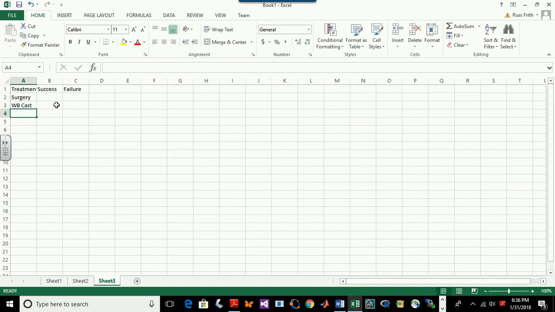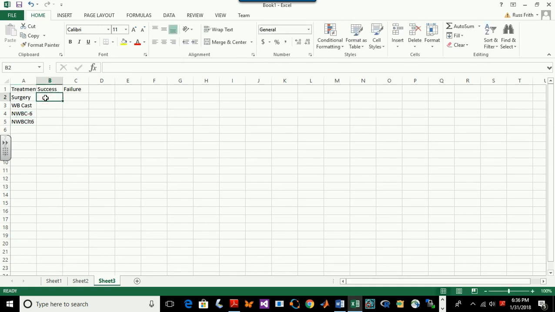The third treatment was non-weight-bearing cast for 6 weeks. The fourth treatment mode was non-weight-bearing cast, less than 6. So those are the treatment codes.